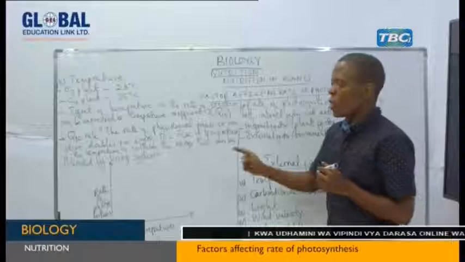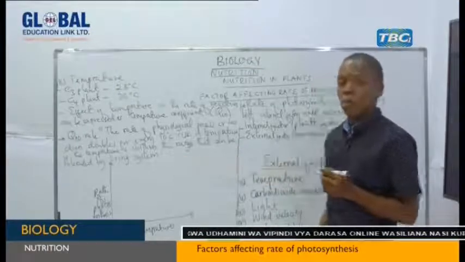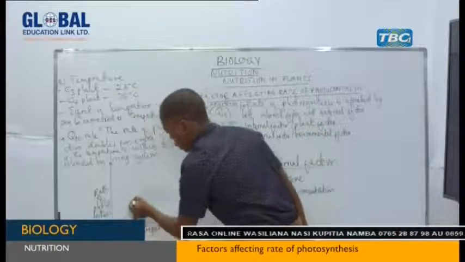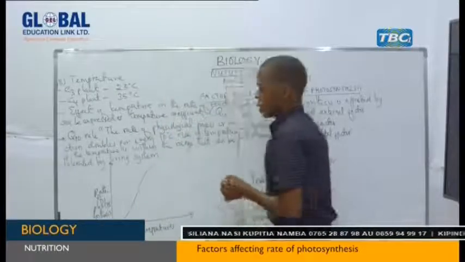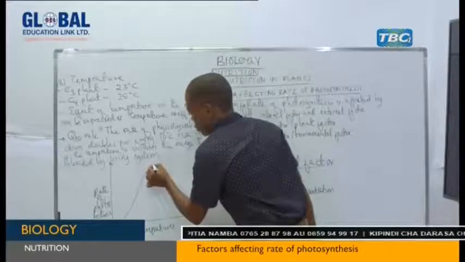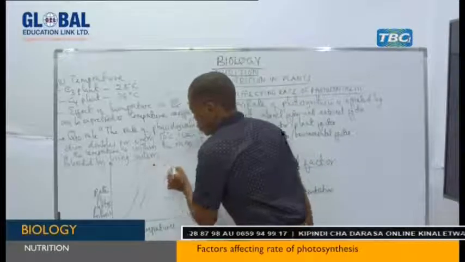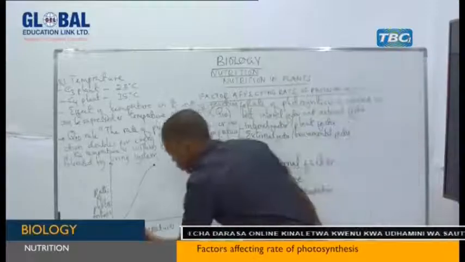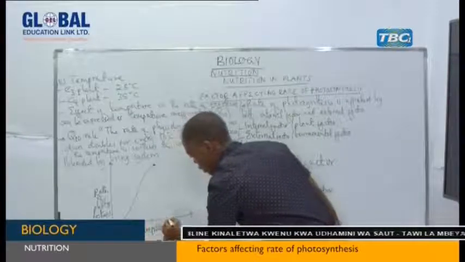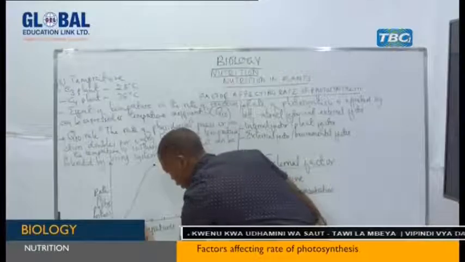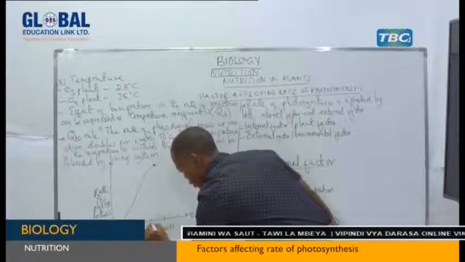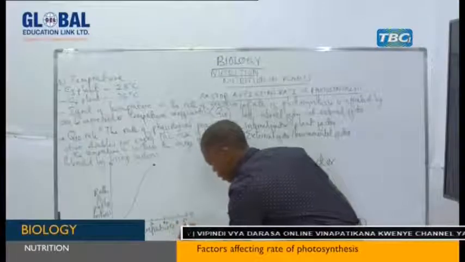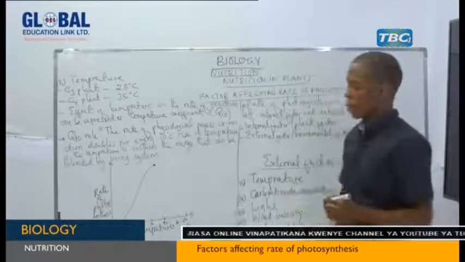It means when the temperature reaches the optimal level, we are saying there is the maximum rate of reaction. As the temperature increases, 10, 20, 30, 40, 50, and 60, this is temperature in degrees centigrade.